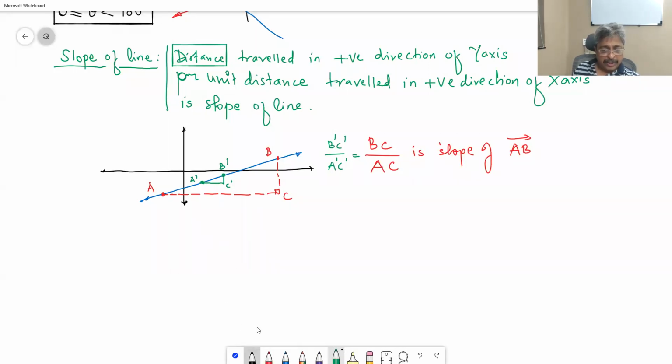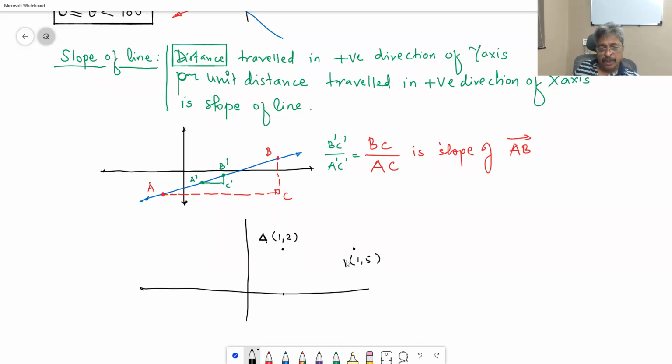I have a coordinate system now. This point is 1, 2. This point is 1, 5. A is 1, 2, B is 1, 5.